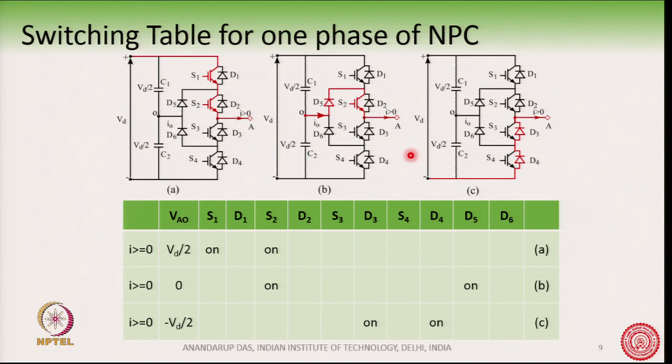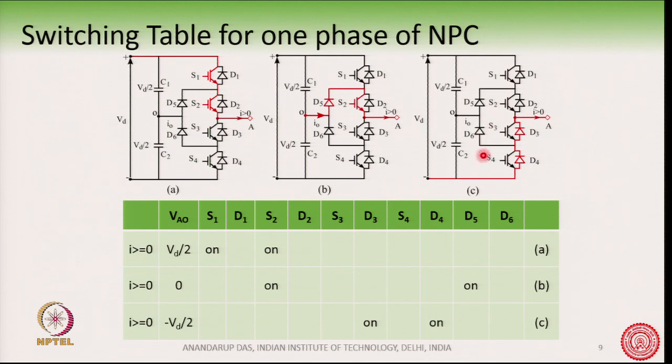If we want to get the negative voltage, then what will we do? Suppose the current direction is positive and going out here, we will give pulses to S3 and S4 together, and withdraw pulses from S1 and S2.